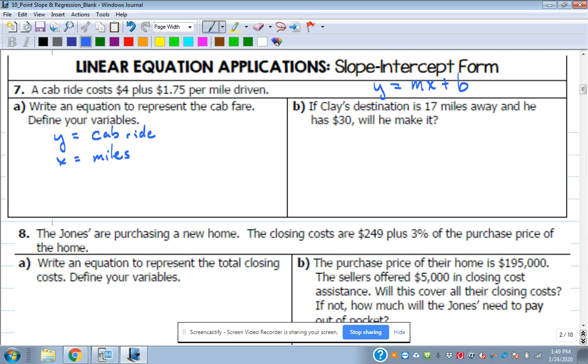What happens with the slope in a slope-intercept form equation? What does the slope do in the y equals mx plus b? What does the y-intercept do? Think about how we graphed things that were in slope-intercept form. What did we do first? Find the y-intercept. So that's your starting spot, right?